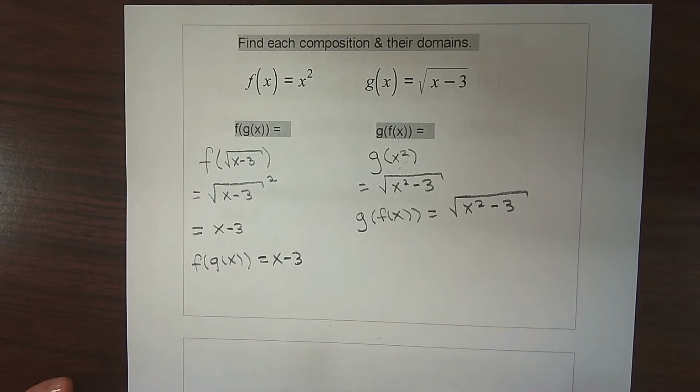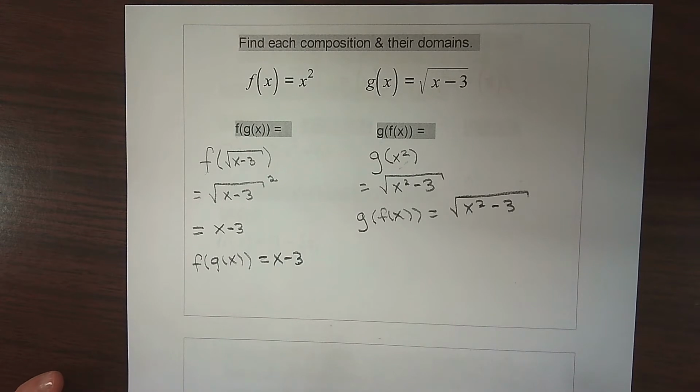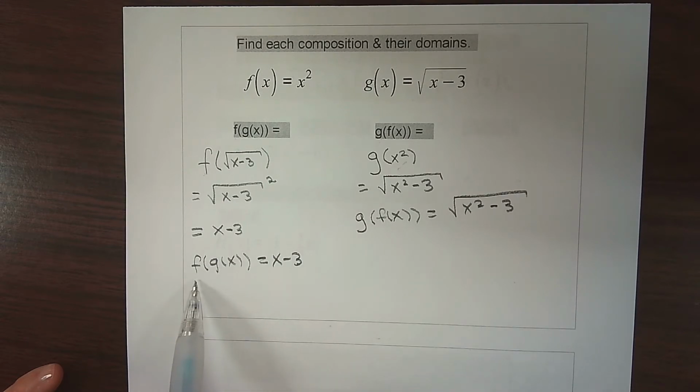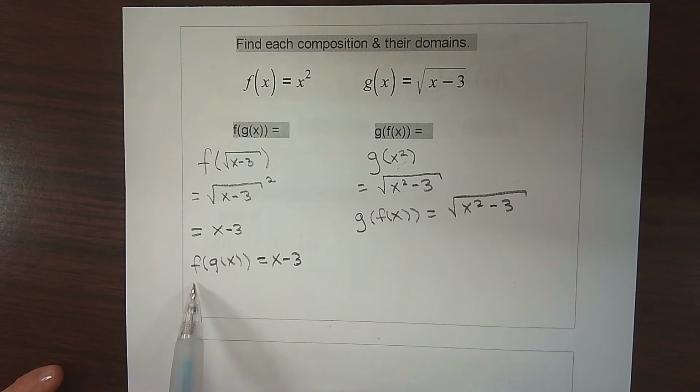I haven't talked about domain yet. Before we do talk about domain, one of the things that I want you to keep in mind is that when we add or when we multiply, the order in which we do those operations does not matter. But when we subtract or when we divide, order does matter. So again, I want you to think about the order of these functions being composed.